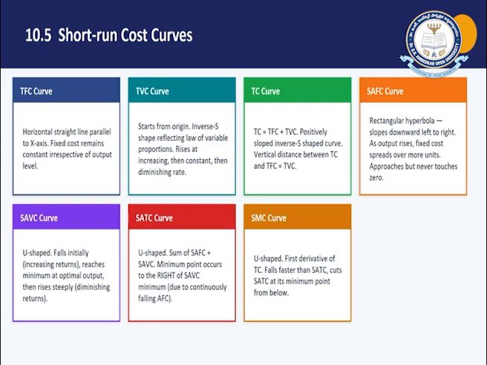Now the TVC curve, graphically. We have seen the tables; the graphs you can see in the textbook. The TVC curve starts from the origin and has an inverse S shape, reflecting the law of variable proportions: it rises at an increasing, then constant, then diminishing rate.